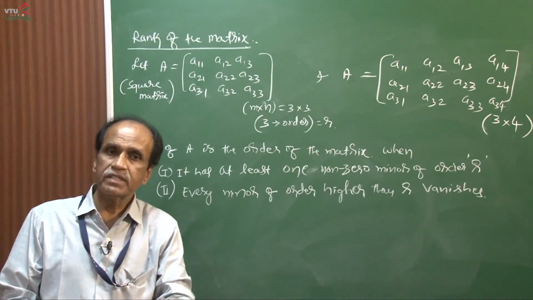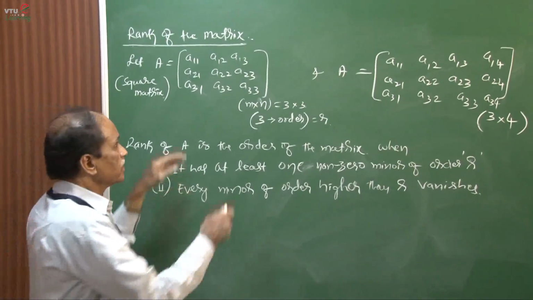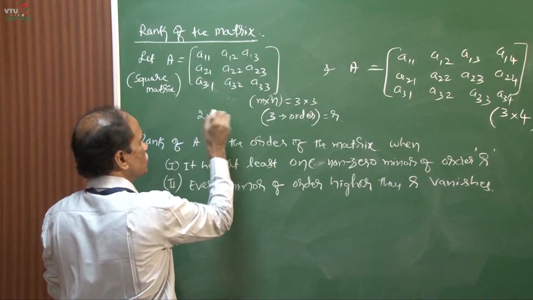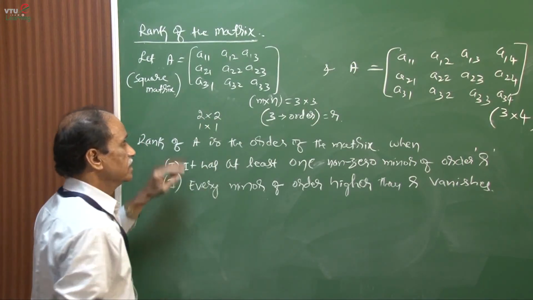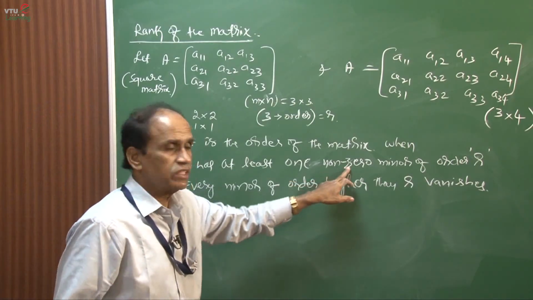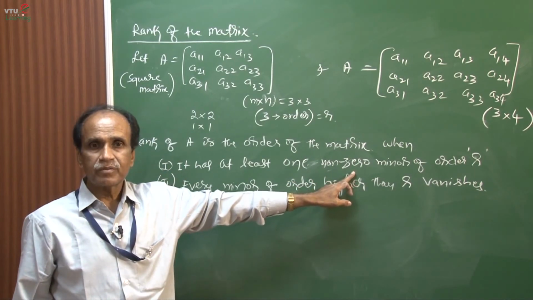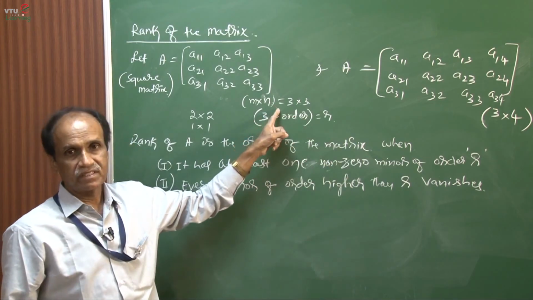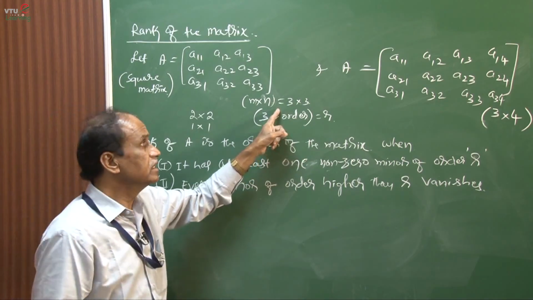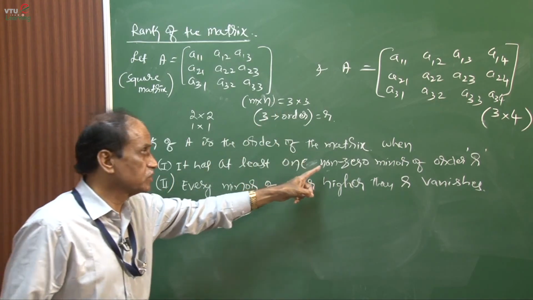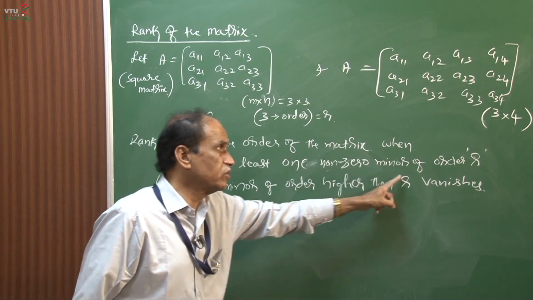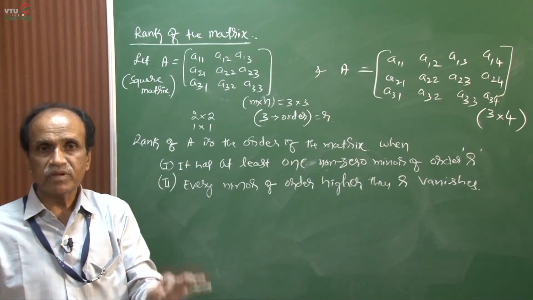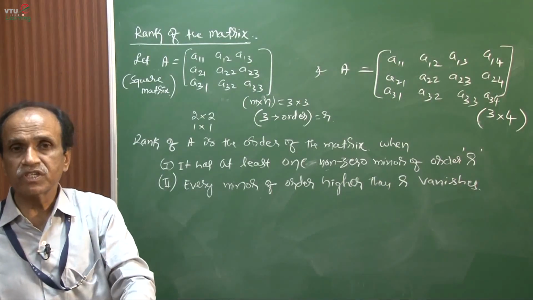Minor means a lower square matrix: this is 3 cross 3, and a lower square matrix means 2 cross 2, then 1 cross 1. It should not be equal to 0. The maximum is whatever the order is given, and the minimum should be 1, but it is not equal to 0. So a non-zero minor of order R cannot be 0; it must be at least a non-zero number.